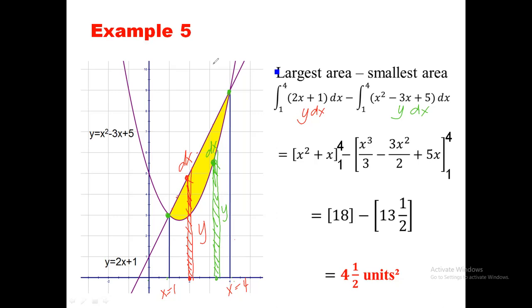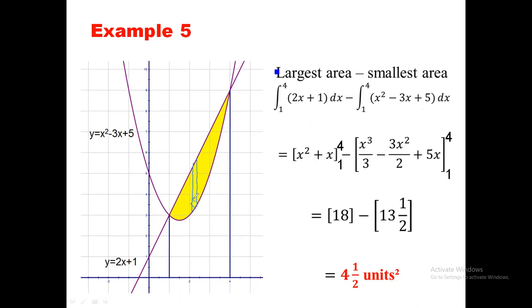I'll clear my markings and show how it's done. You go directly to the region that you have here, the one shaded in yellow. I'll use a different color, let's say blue. I'll use the vertical element. This is my vertical element. This is y, and this is the x. Now, what is the y of this vertical element from this part here until this part here?